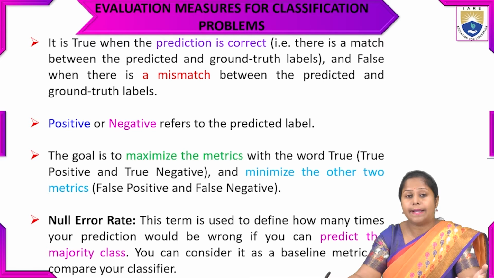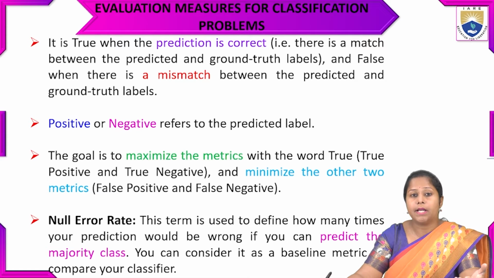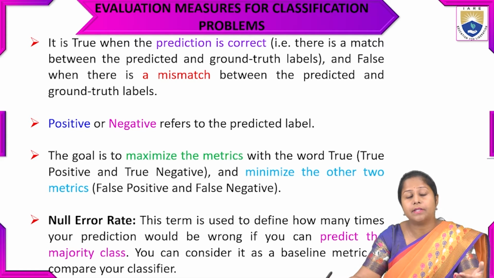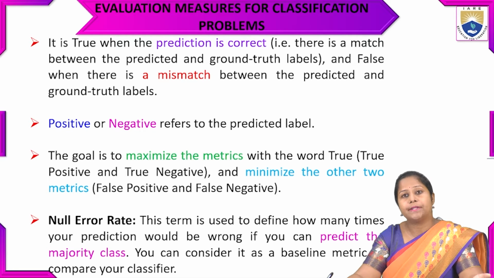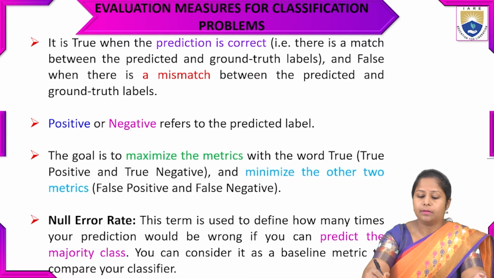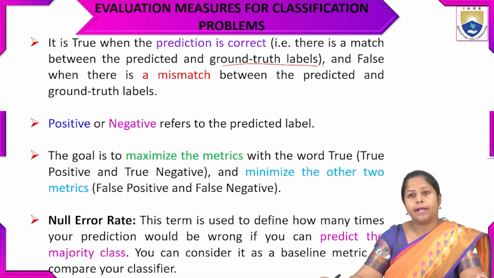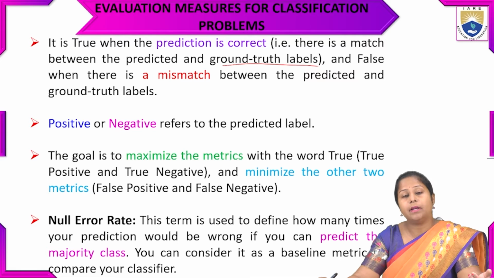On the basis of the data points, the classifier will classify into this 2 by 2 matrix. If a true positive comes in the matching prediction, that will be true. The prediction will be correct only when there is a match between the predicted and ground truth labels, and false when there is a mismatch.